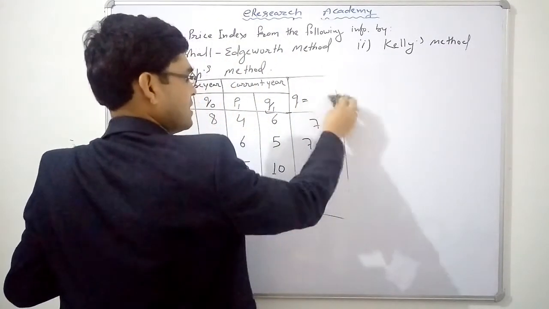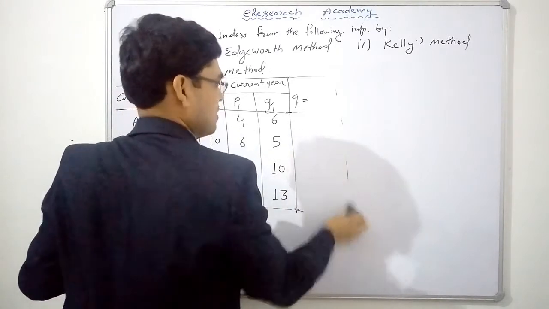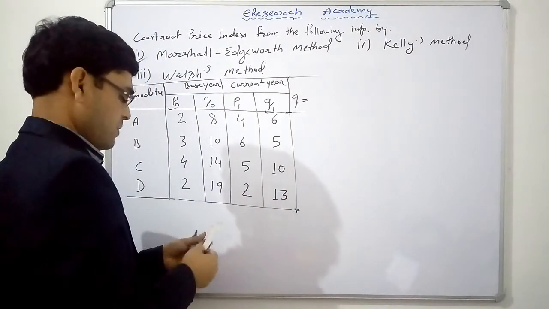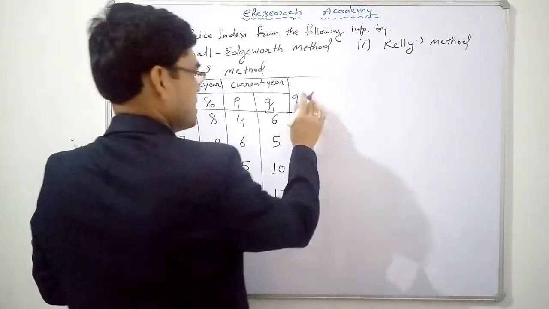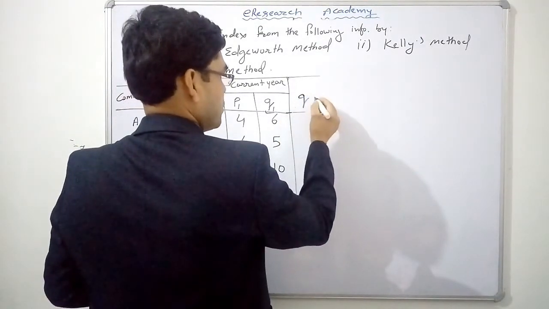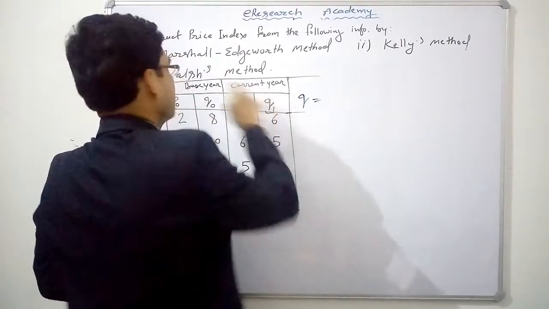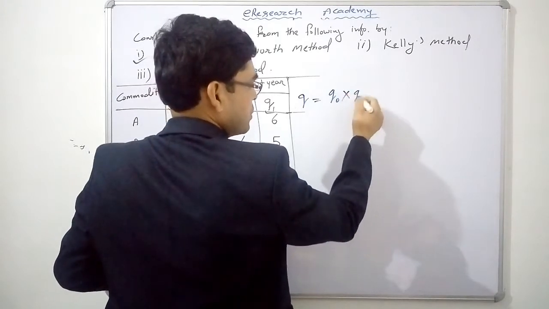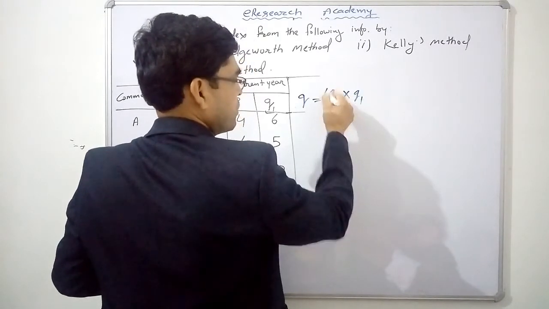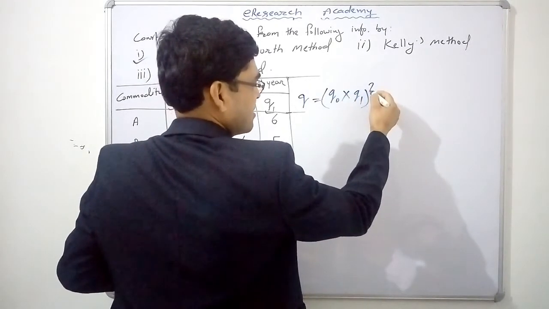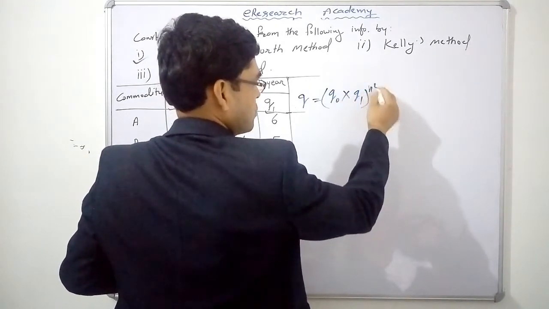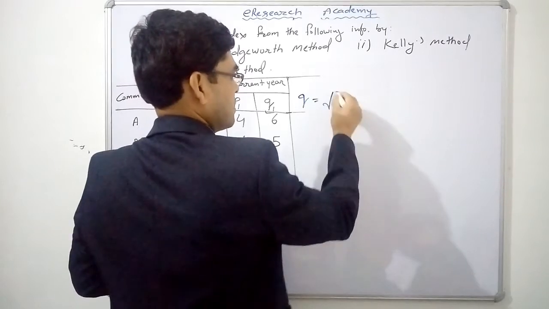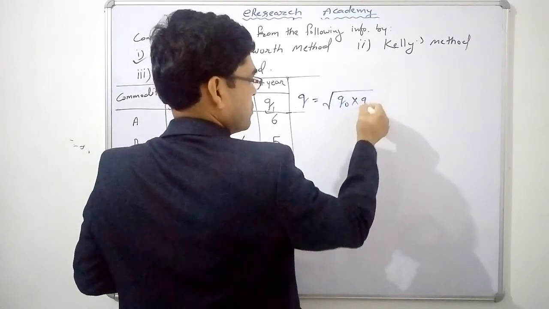This Q is the square root of the multiplication of the quantity in base year and current year. Under Walsh's method, Q is the square root of q0 into q1.